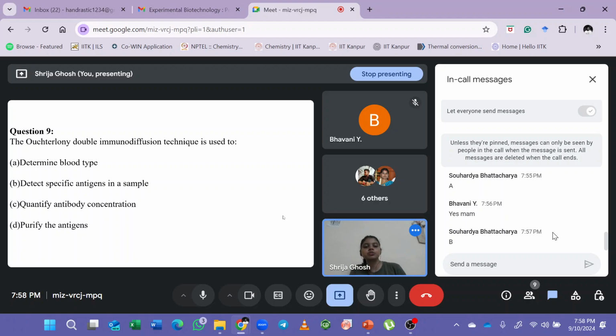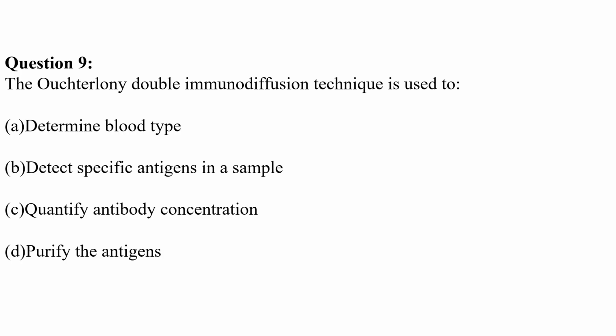Everyone agrees with option B then? Okay, so option B is the correct answer. Detect specific antigens in a sample.